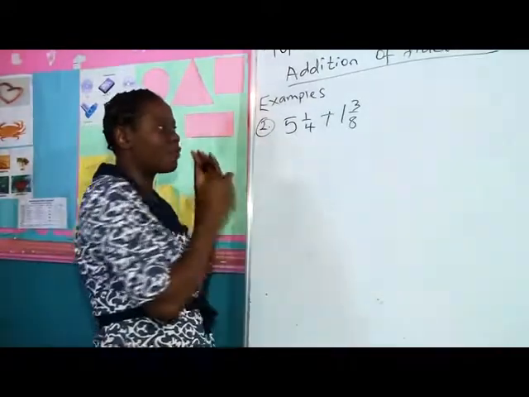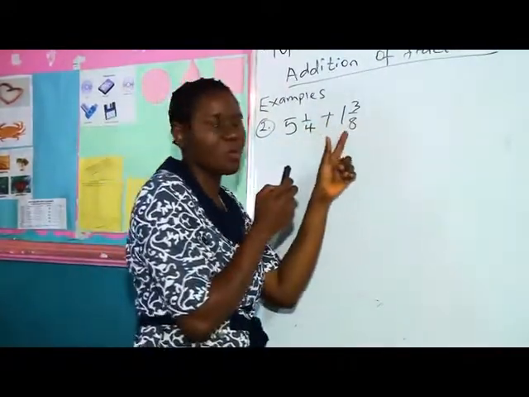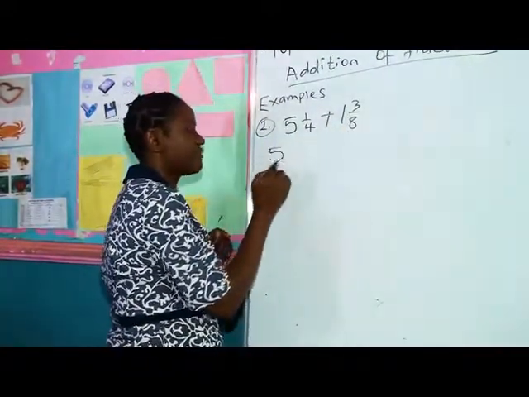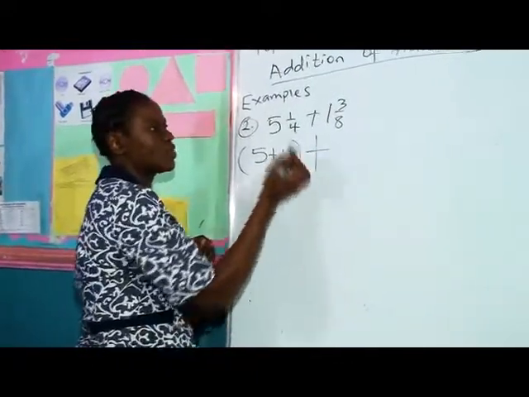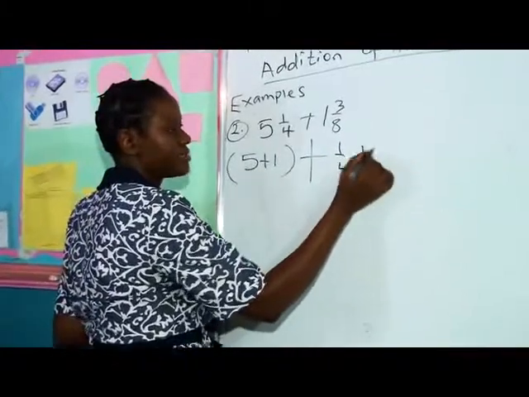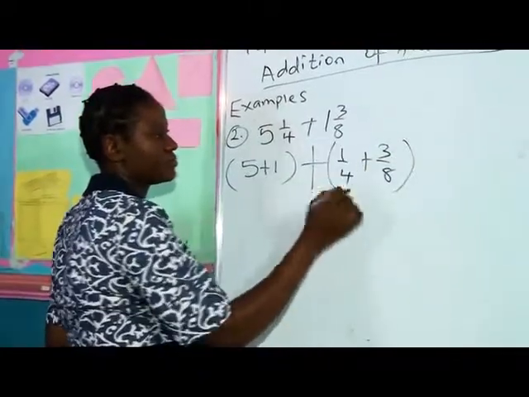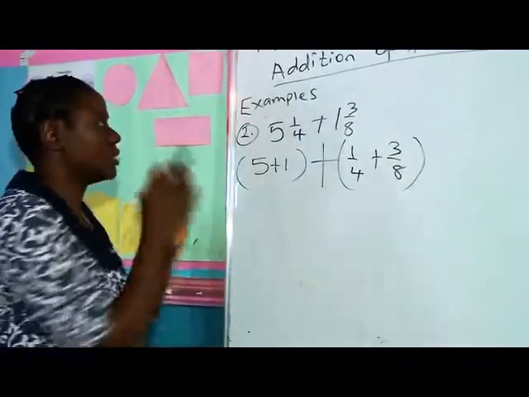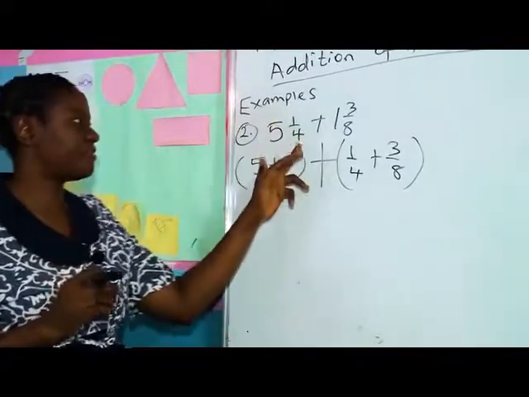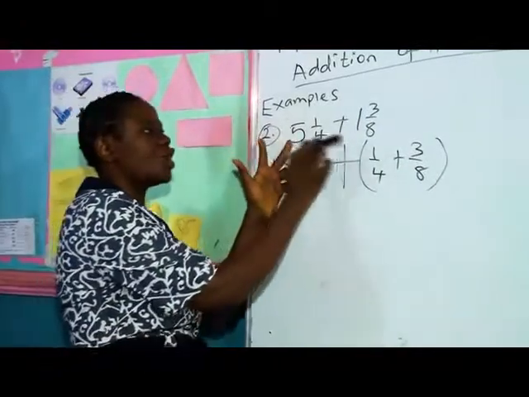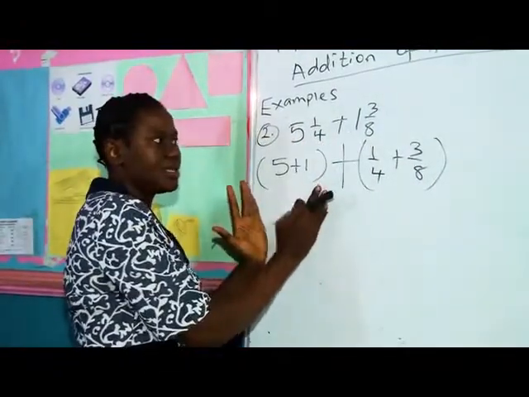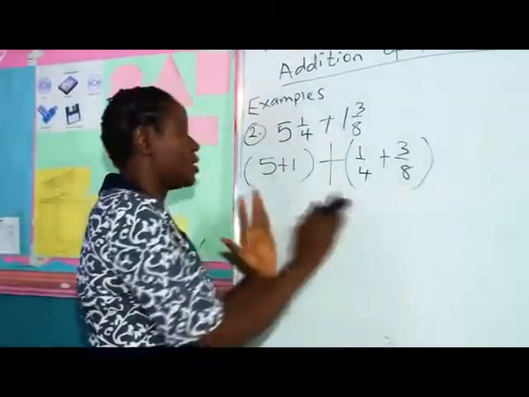So 5 plus 1, the whole numbers, plus 1 over 4 plus 3 over 8. I have taken the whole numbers first, then taken the fractions separately.